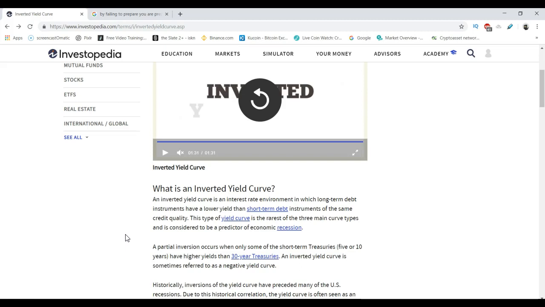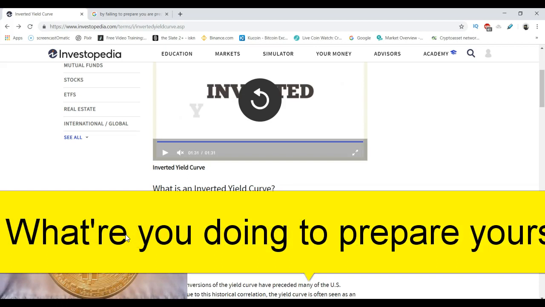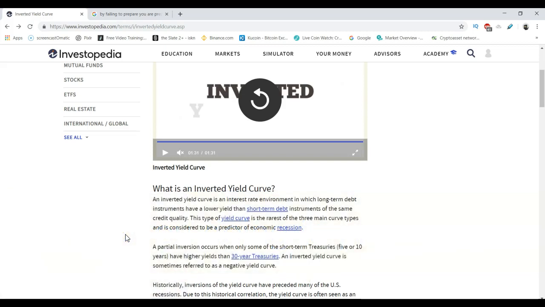So are you going to wait 12 to 18 months for CNBC, Fox Business to tell us that we're in a recession? Or are you going to prepare yourself for it by hedging against the US dollar and the US government by getting Bitcoin? I know what I'm doing. What are you going to be doing? That's the question you need to be asking yourself.